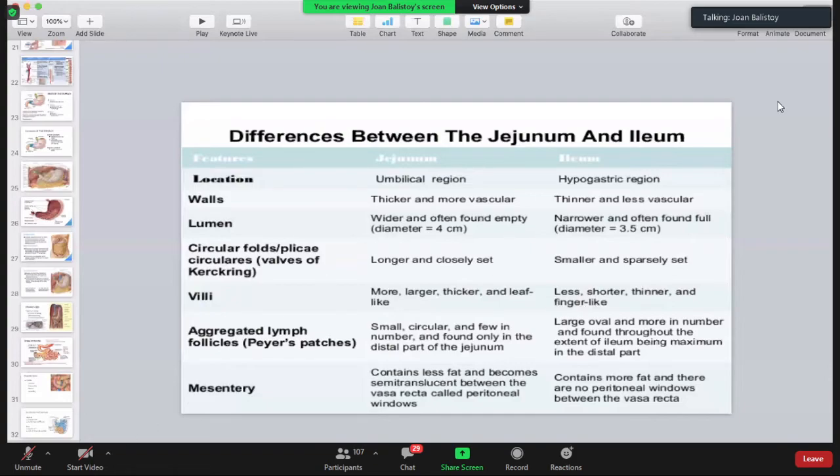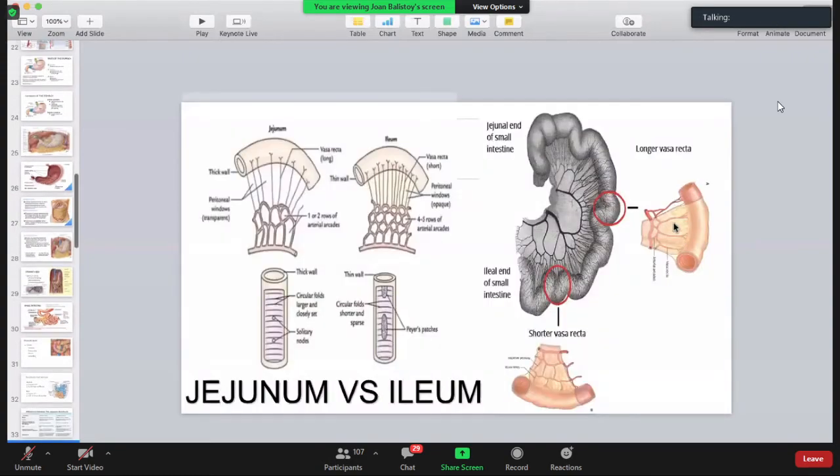So what are we talking about? How do they look like? This is how they look like. So this is your jejunum. It has longer vasa recta, while the ileum has shorter vasa recta. Okay, that's one comparison for them.